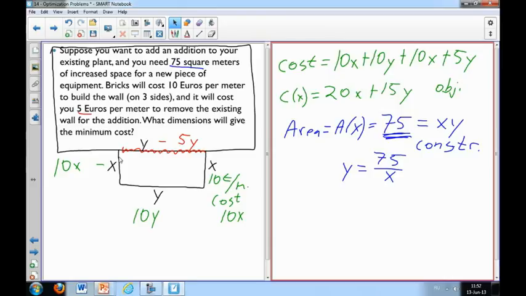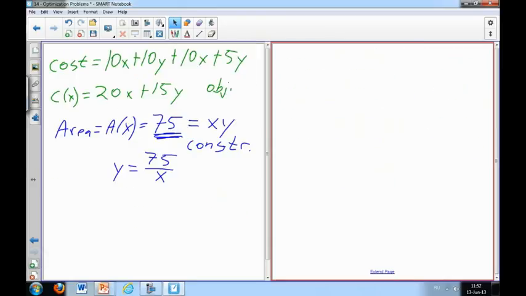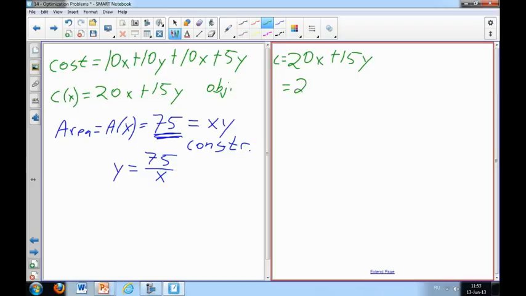We can use this function then in the other equation. The other equation was the cost is 20x plus 15y. So now this is going to be 20x plus 15 times y, and y is 75 over x.